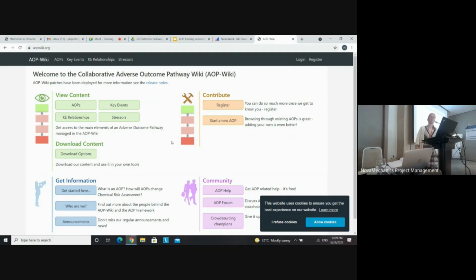I was also interested in the timeline. You say it's a lot of work and clearly depends on whether it's funded or not. So is it for a full AOP? Is it to get it endorsed? Is it in terms of years or is it really decades? I think it will be years, but I also think that in the process of making the AOP, you realize that you need to argue for the key event relationships, and they have to be causal and quantitative.